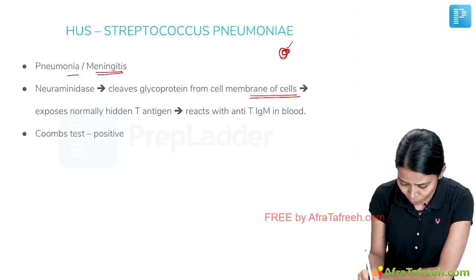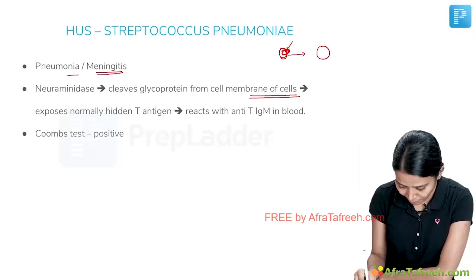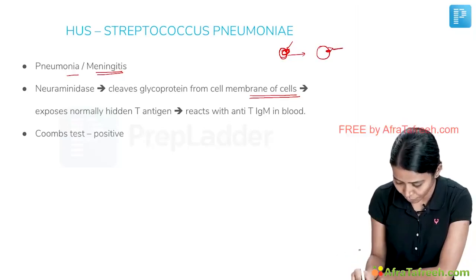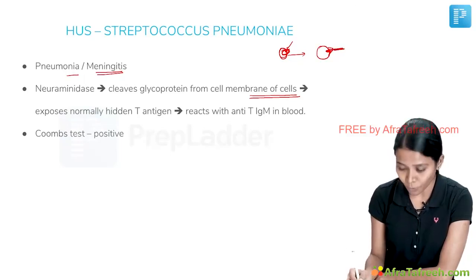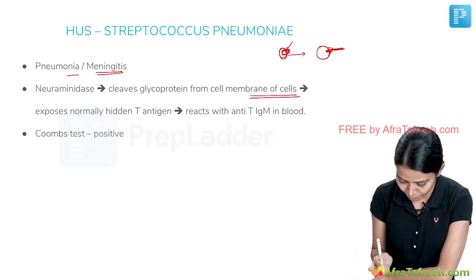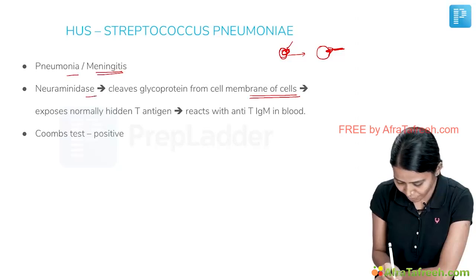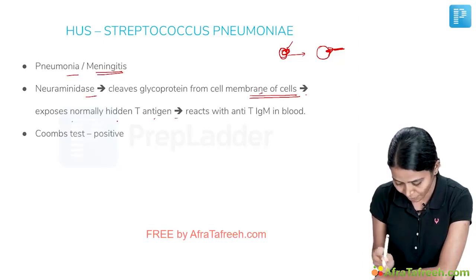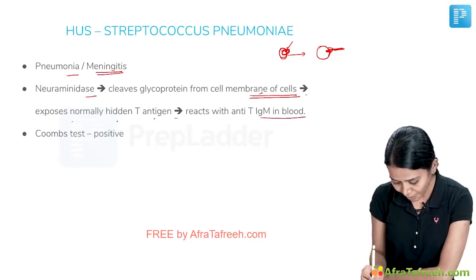This neuraminidase goes and exposes this T antigen. So, the anti-T antibodies which are present in the blood are going to act on this and cause destruction. So, neuraminidase cleaves the glycoprotein from the cell membrane and exposes the normally hidden T antigen, and it reacts with anti-T IgM in the blood.